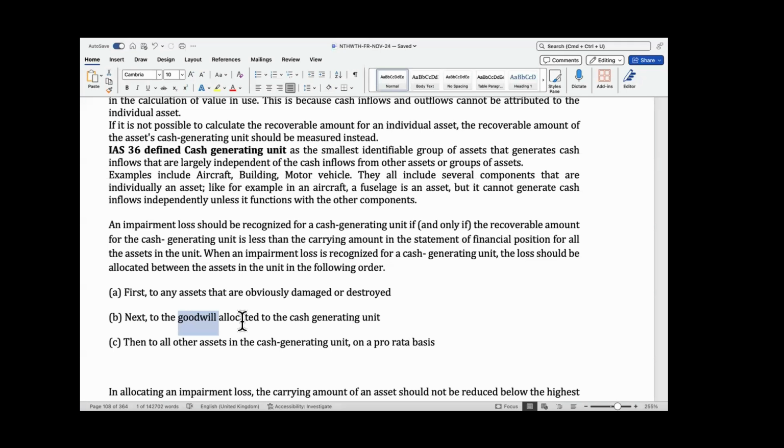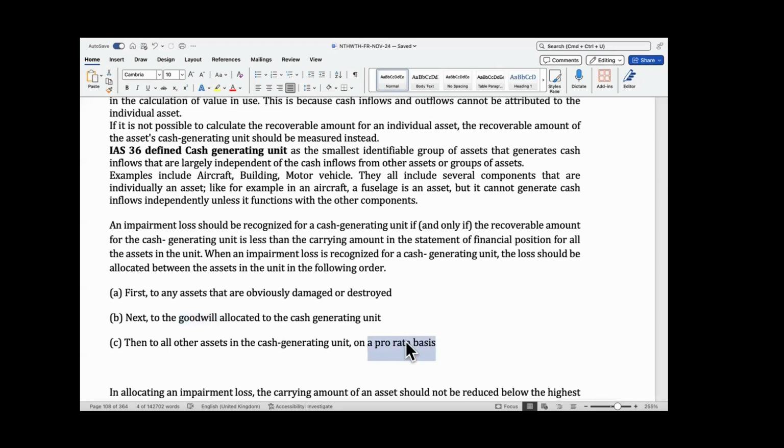It's a good name. So a singular action of a very lackadaisical staff can destroy that goodwill within a split second, within a millisecond. So it's also very flexible. That's why it's coming next. Then other assets on a pro rata basis. This pro rata basis is like on a proportionate basis.